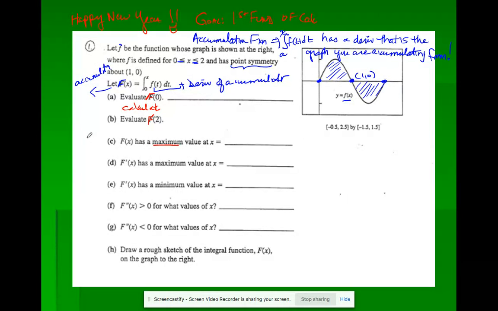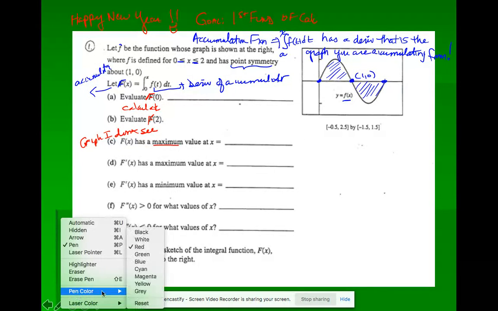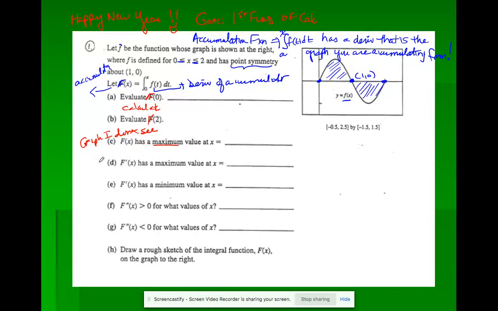This is of the graph I don't see. You don't see the graph of capital F. But this, capital F prime, by the first fundamental theorem, is the graph I'm looking at. This, capital F double prime, is asking me about the first derivative of the graph I'm looking at.